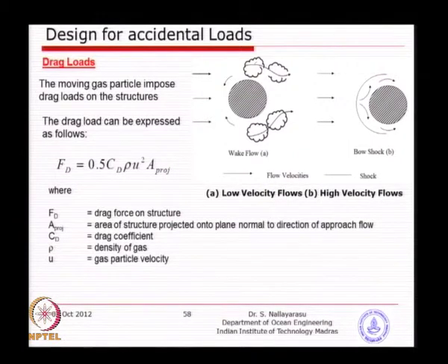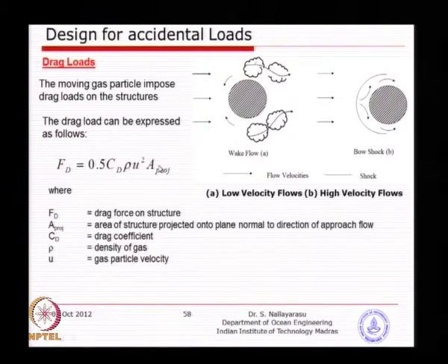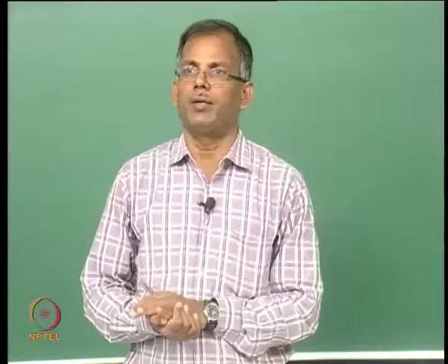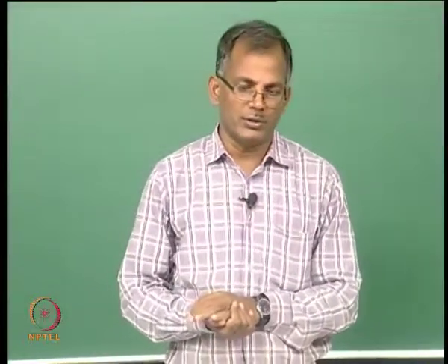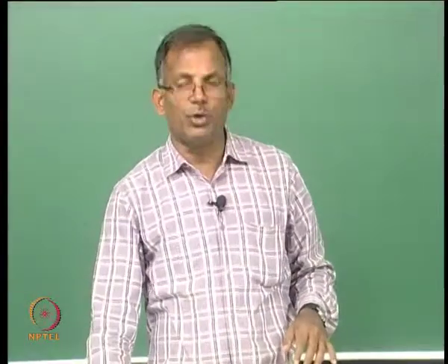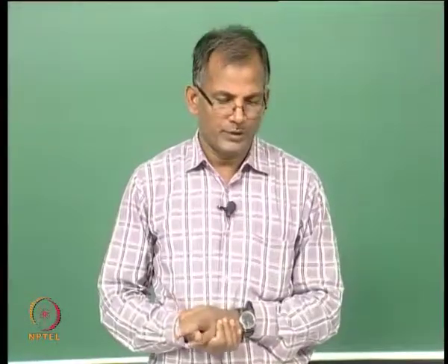Depending on the shape and size, things could be different, but as long as you know the velocity, you can use the projected area to find the potential drag force. Once you know the potential drag force, you can design the structures.